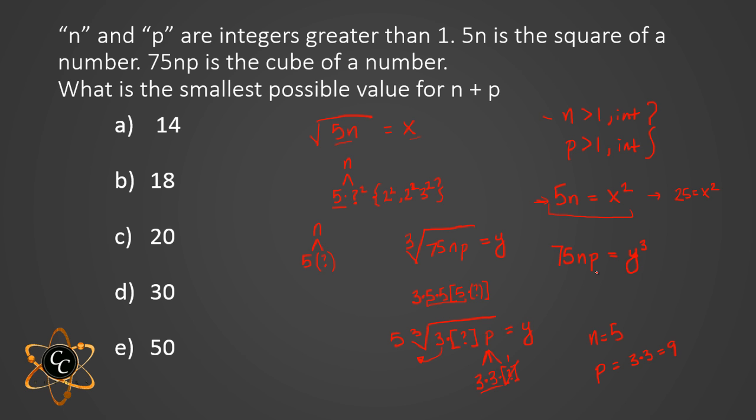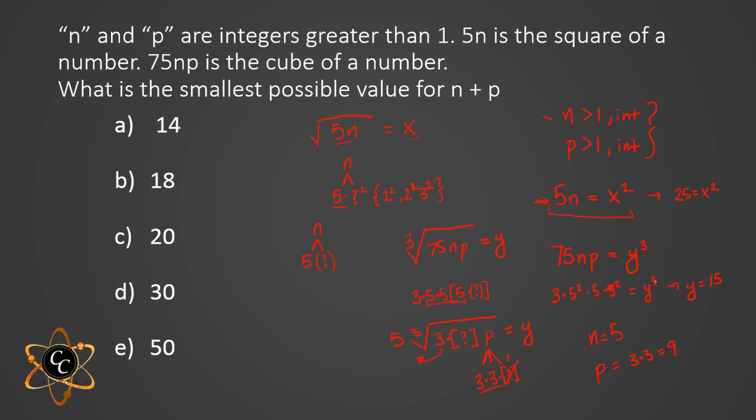So if we get that, we have 3 times 5 squared for 75, times 5 for n, times 3 squared for p. That is equal to y cubed, such that y is equal to 15. It's 3 and 3, 5 and 5.